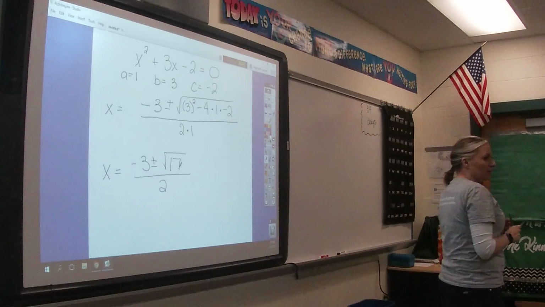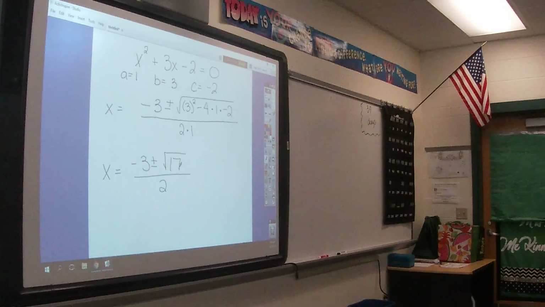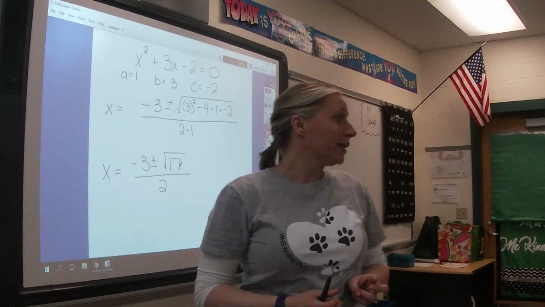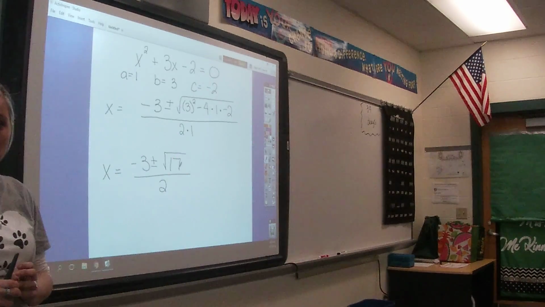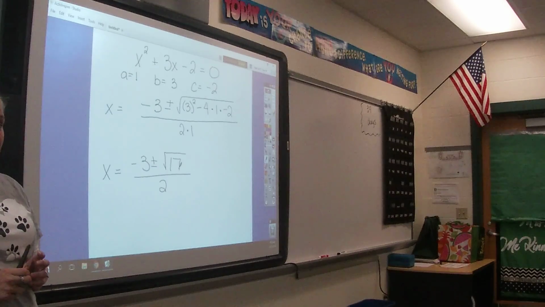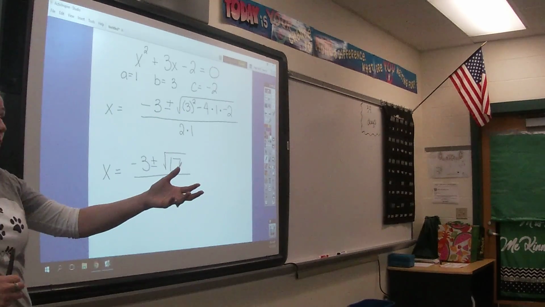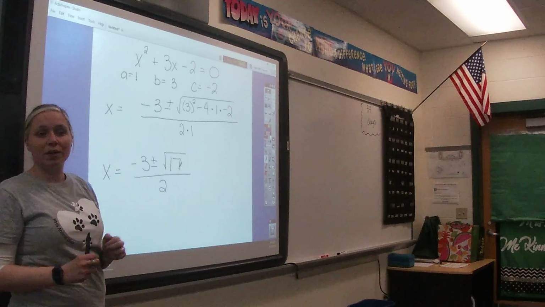What do we do next? Take the square root of 17. What is the square root of 17? It is a big long decimal, which means it is an irrational number. So what do we do with irrational square roots? Simplify them. So we're going to check and see, can we simplify the square root of 17?